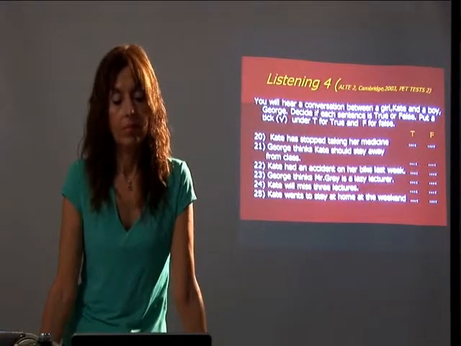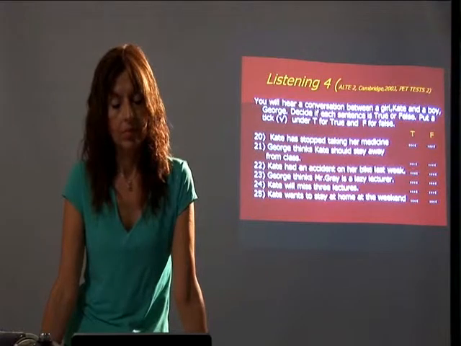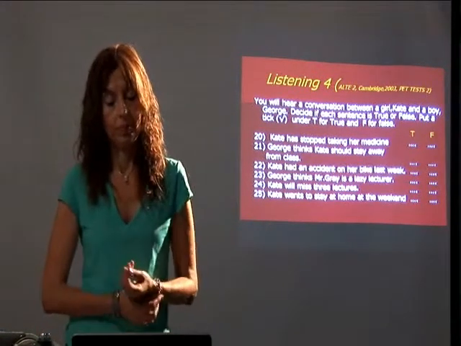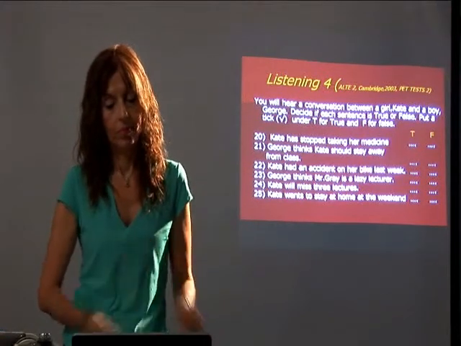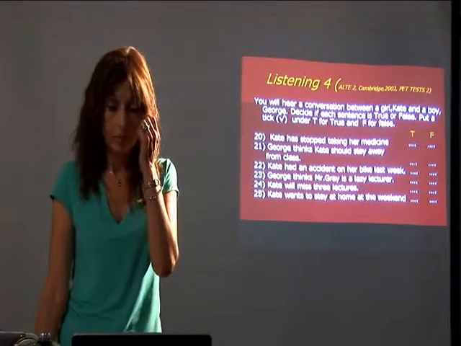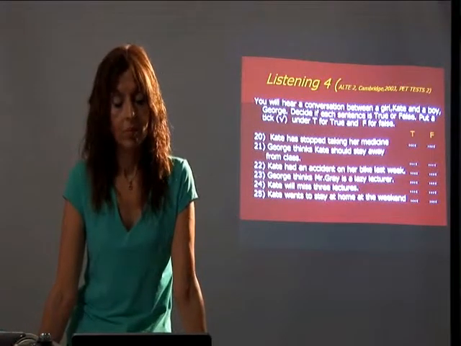Decide if each sentence is correct or incorrect. If it is correct, put a tick in the box under A for yes. If it is not correct, put a tick in the box under B for no. You now have 20 seconds to look at the questions for part 4.